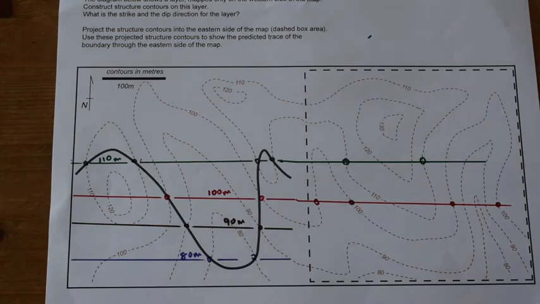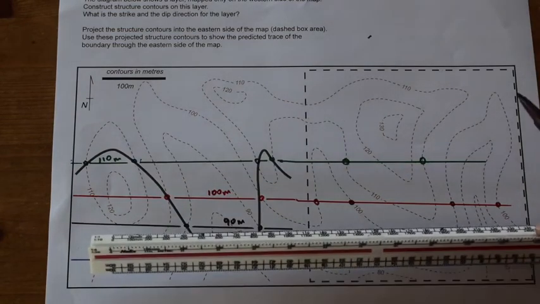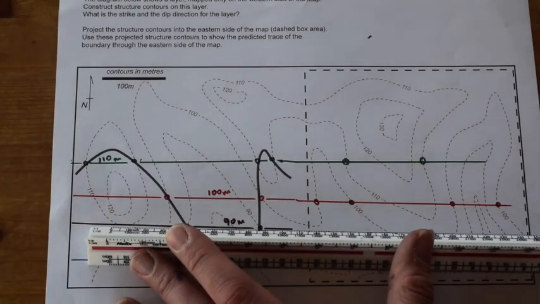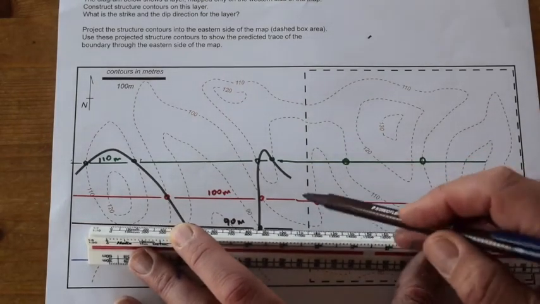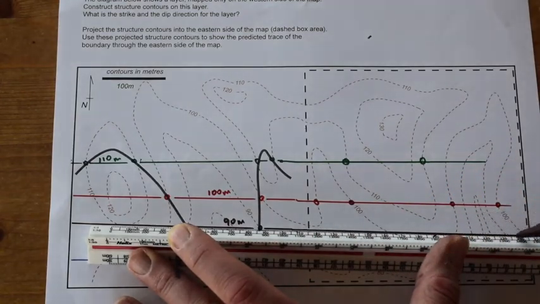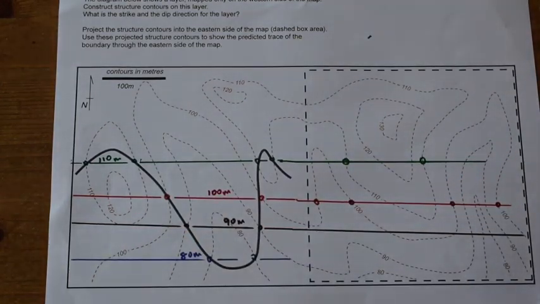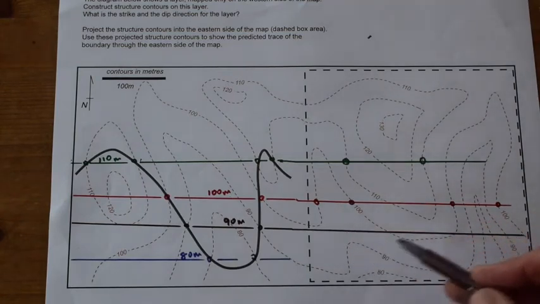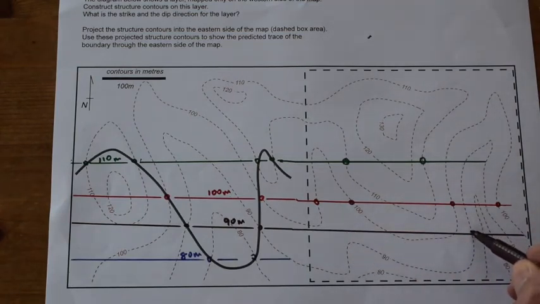Continuing, let's put the 90 metre contour on now. Here we go. Let's hold this still. 90 metre out across here like that. So that's the 90 metre structure contour, and it intersects the topographic contour here and here.